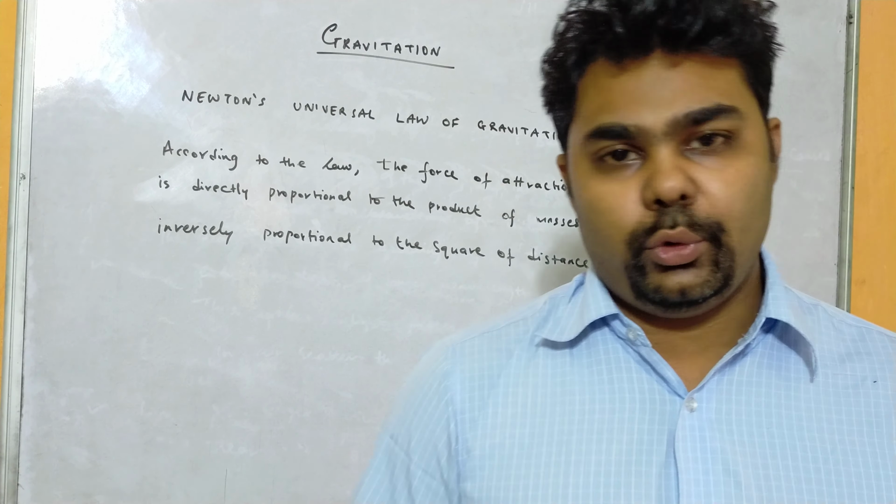Weight equals mg, that is mass of object into g, and the gravitational force we know is capital G, mass of earth, mass of object by r square, right? Now the mass of object and mass of object will get cancelled. If we cross multiply, we will get capital G equals small g r square divided by mass of earth. That means this is the relation between capital G and small g.